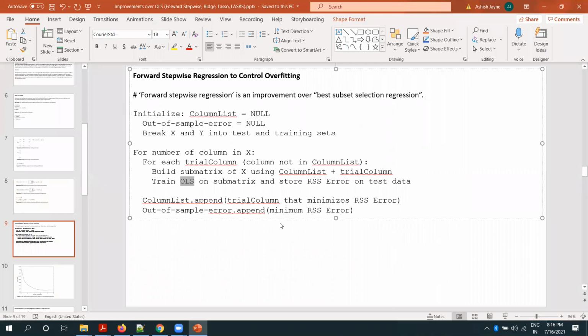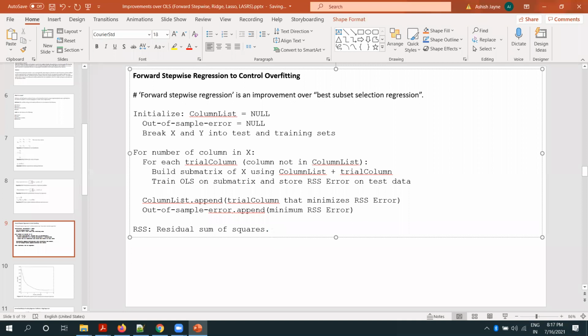So train OLS on a submatrix. Submatrix of what? Submatrix of attributes, and store the residual. RSS is the residual sum of squares. The residual, basically, is the RSS error.